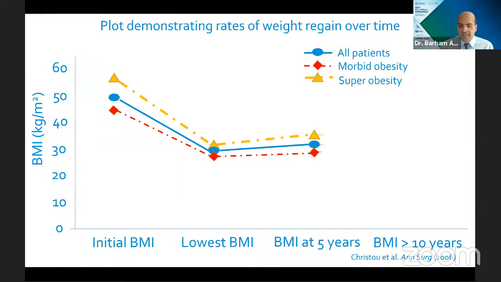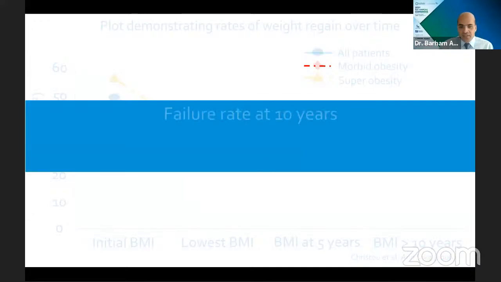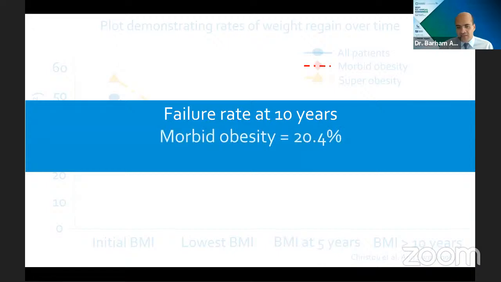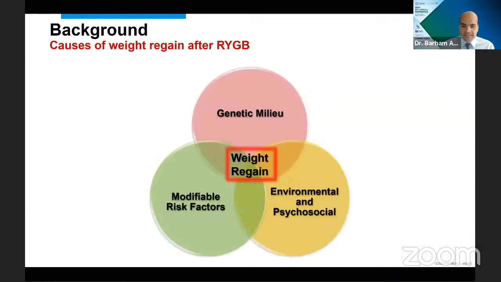And at 10 years, there continues to be this slow slope of incline, and that affects more those who started with a higher BMI. So if you look at the net results, you could see the failure rate at 10 years in those with morbid obesity is about 20.4%. In those with super obesity it is about 35%. So that's not a trivial number of weight regain that happens, even with a procedure like a gastric bypass at 10 years.